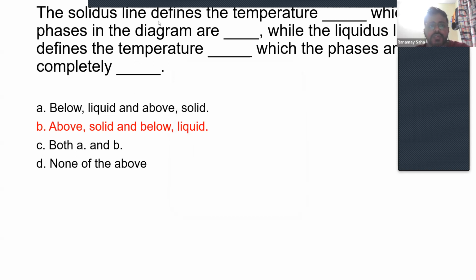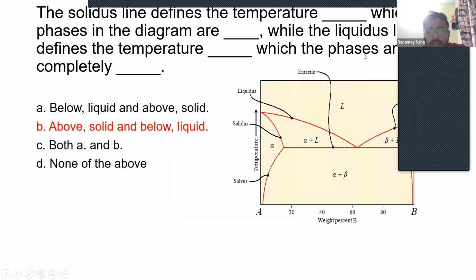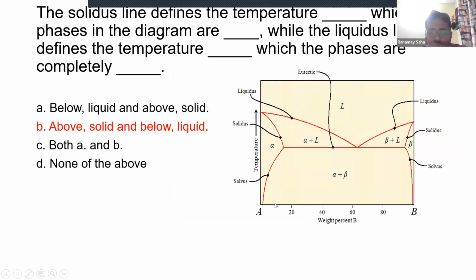We had discussed solidus, liquidus, and solvus lines during the last session. If you remember from this diagram, you can see this particular line, which divides a purely liquid phase and a liquid plus solid phase in alpha ferritic solid plus liquid.